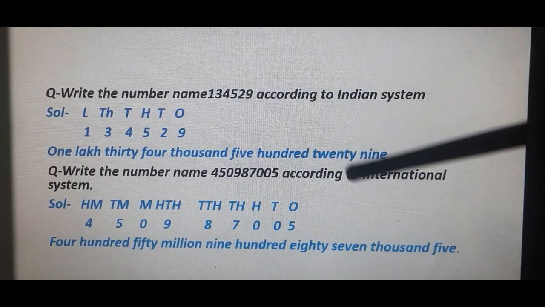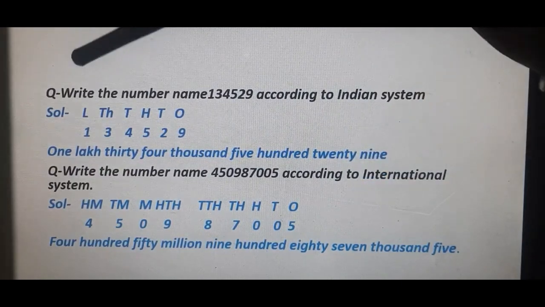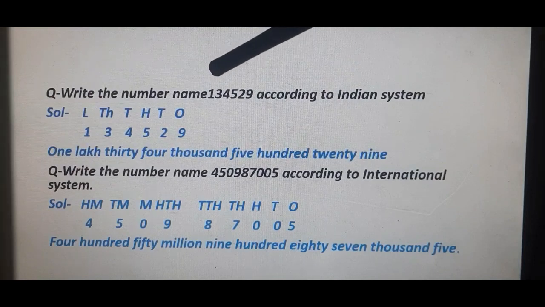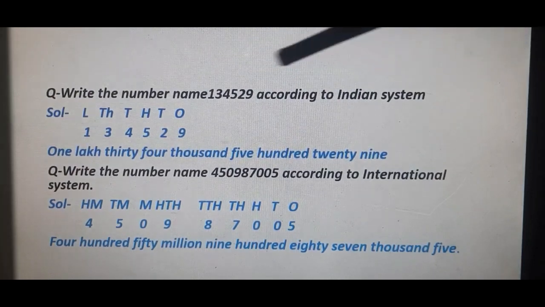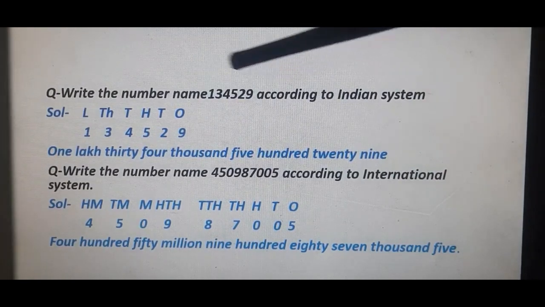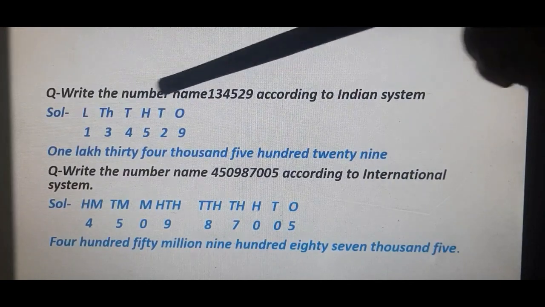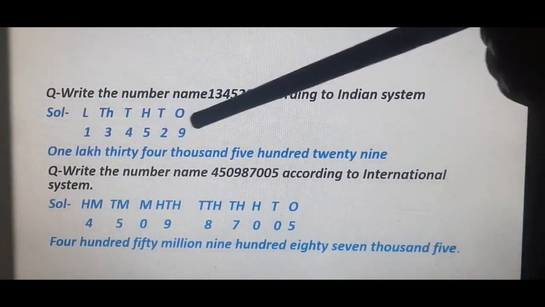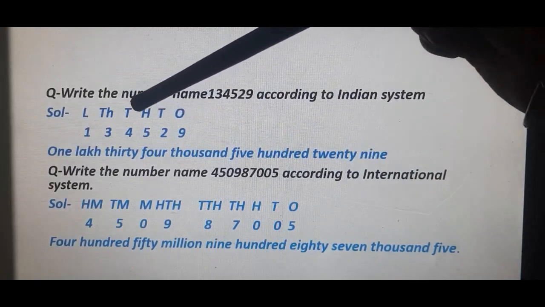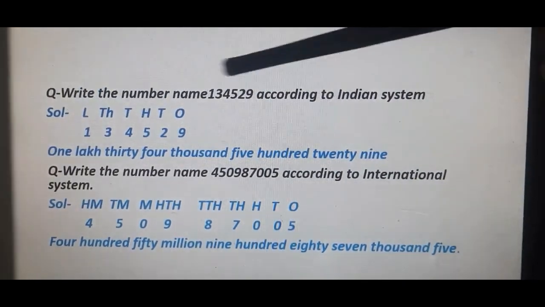These are the questions based on the place value chart. This is our first question. Write the number name according to the Indian place value system. We have to write down the number name for this given numeral. First of all we will write down the numeral, whatever is given, and then we will write down the places above this: ones, tens, 100, 1000, 10,000, lakh.